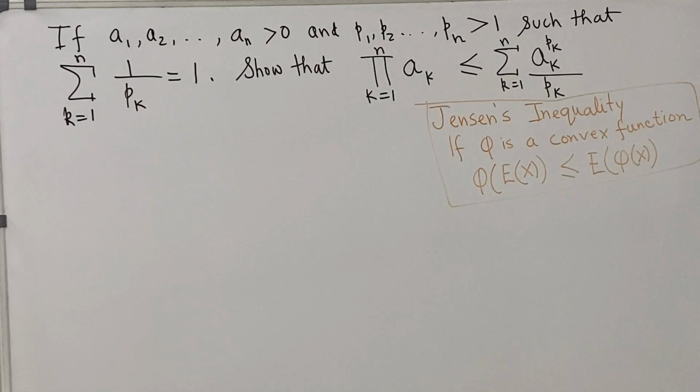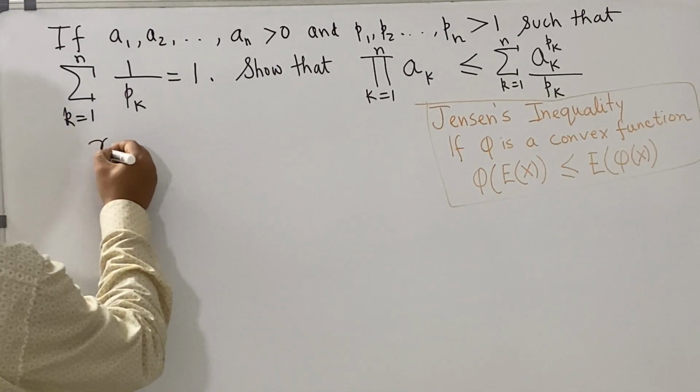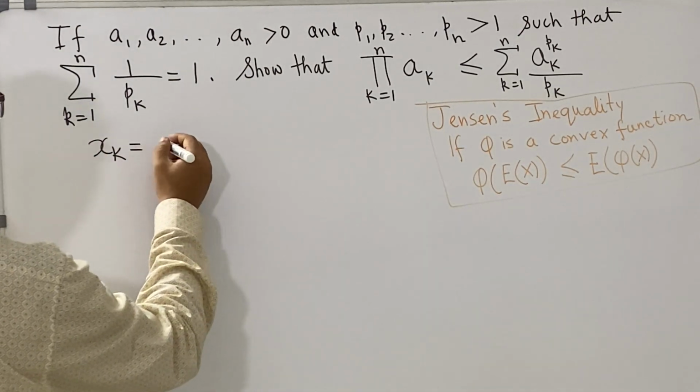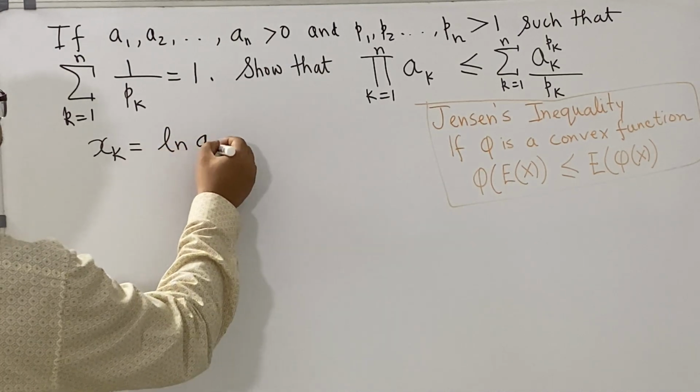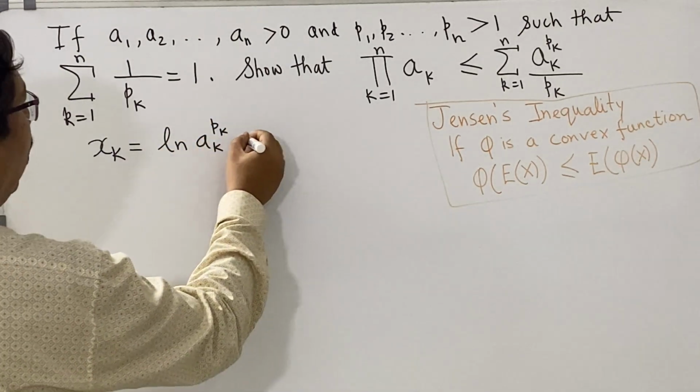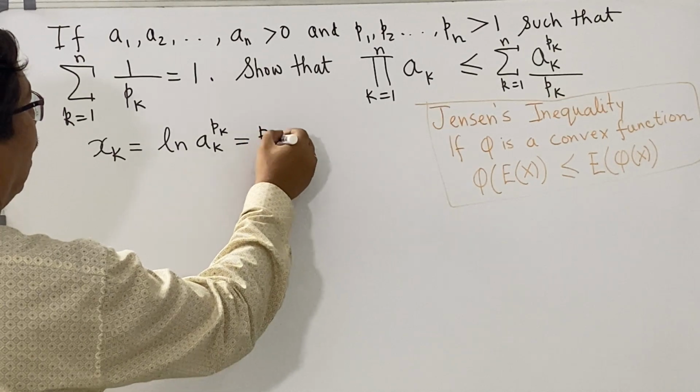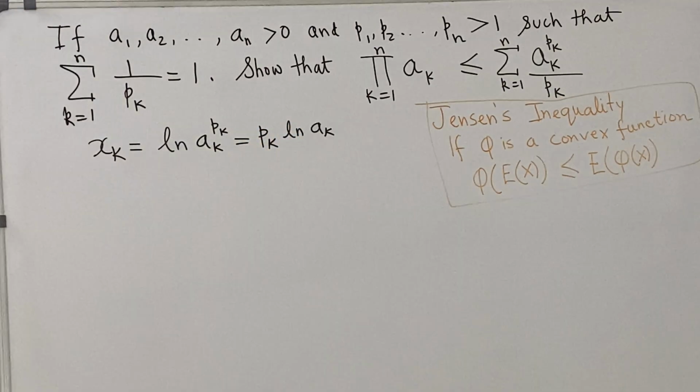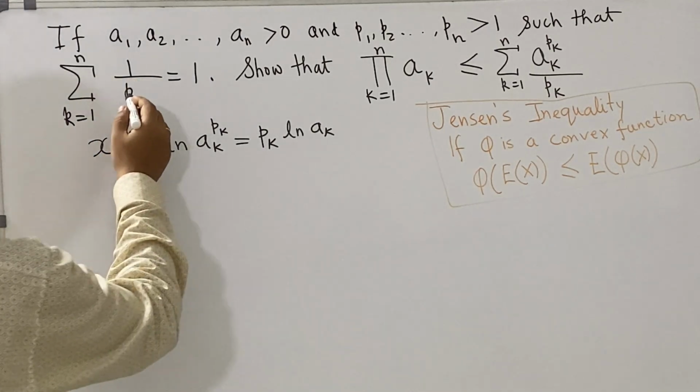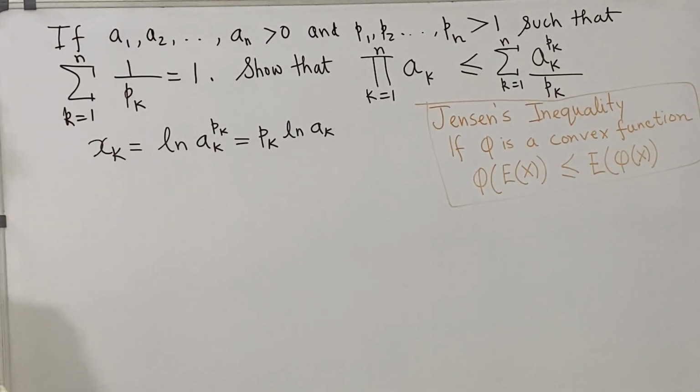Now, let us look at xk and let that be log of ak to the power pk, which is pk log ak. While the pk's are not themselves probabilities, through this relation we see that the 1 by pk's are probabilities.